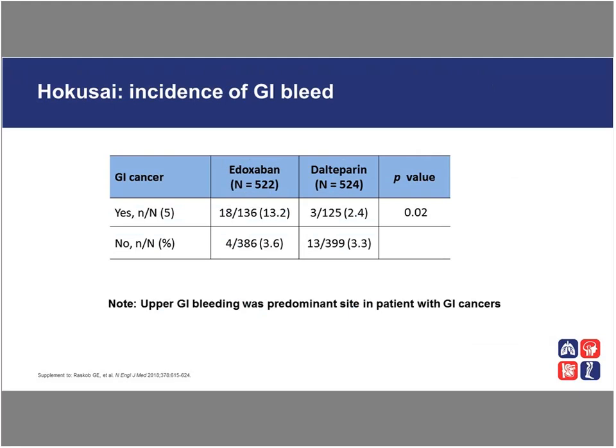So there seemed to be a signal that the major bleeds were mostly GI bleeds and mostly in patients with GI malignancy. And in fact, upper GI bleeding was the predominant site rather than lower GI bleeding, even in the patients with lower GI malignancy, such as colorectal cancer. It seemed that if there was going to be GI bleeding, it was mostly going to be upper GI.